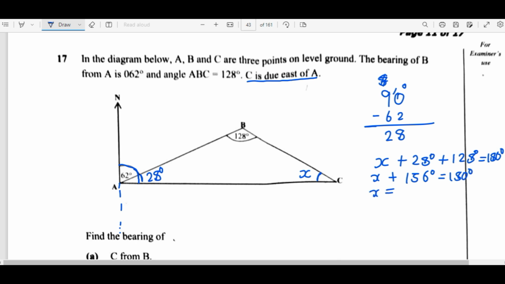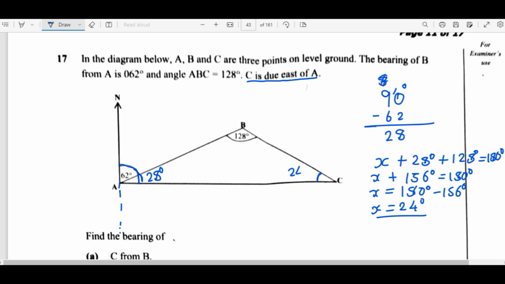We move the 156 to the right side, which gives us negative 156. Then 180 minus 156 will give us 24 degrees. So where there is X here, we have 24.